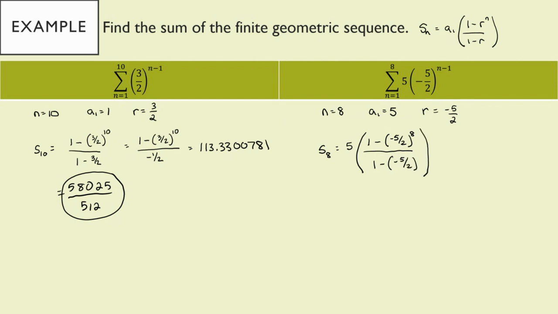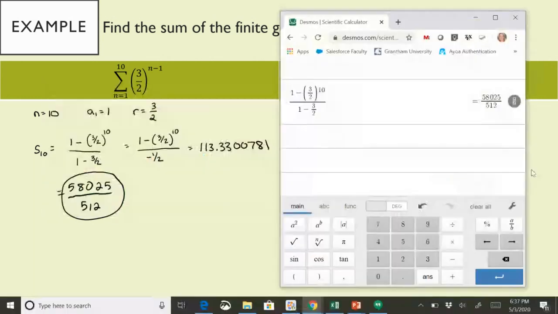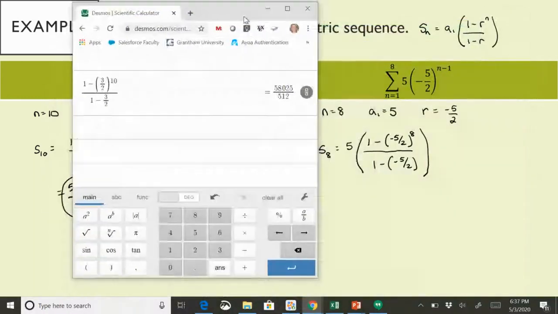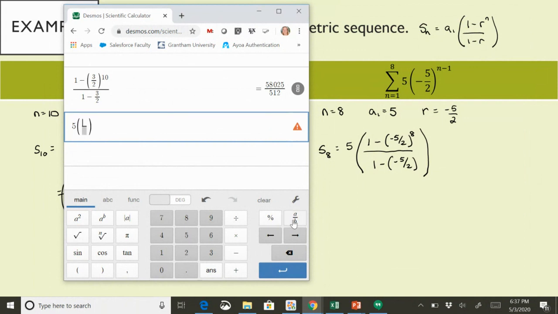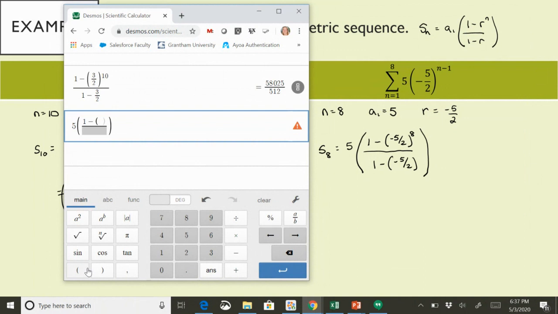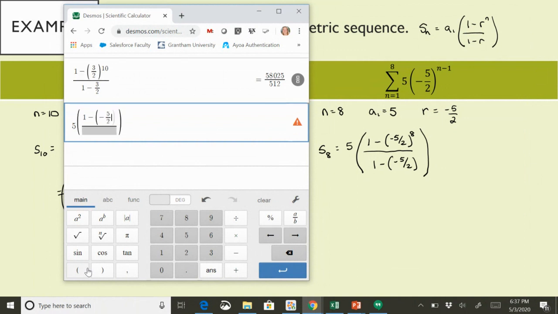And again, I'm not even going to bother with my handheld calculator. I'm going to just plug it in here because it's just going to be a lot nicer, a lot easier. 1 minus negative 5/2, exponent of 8.